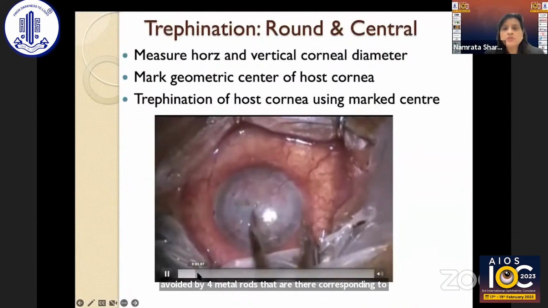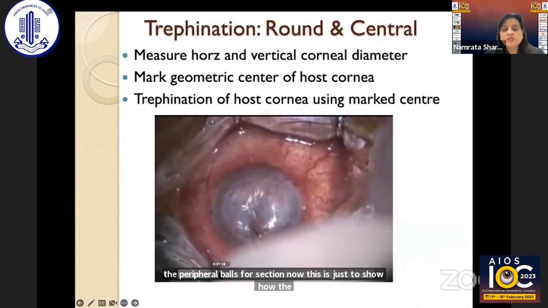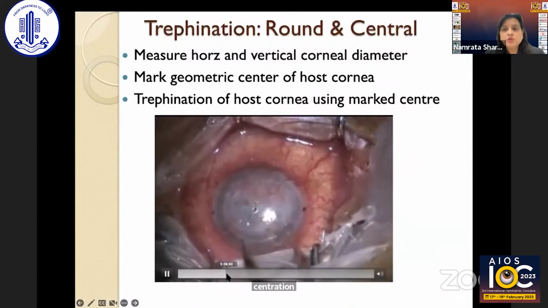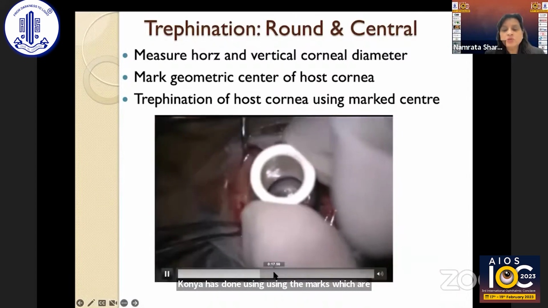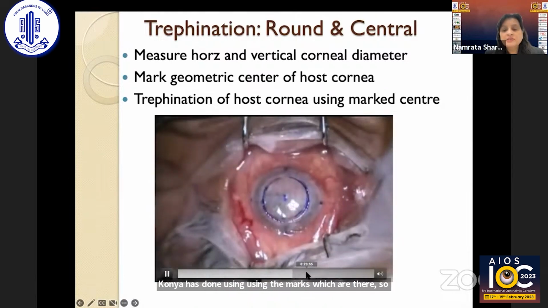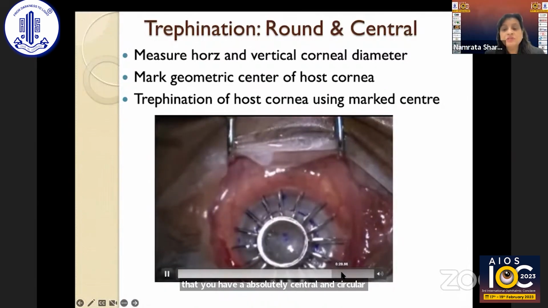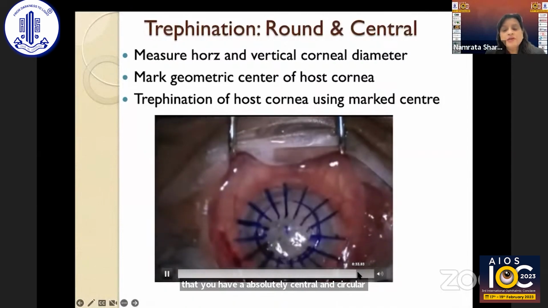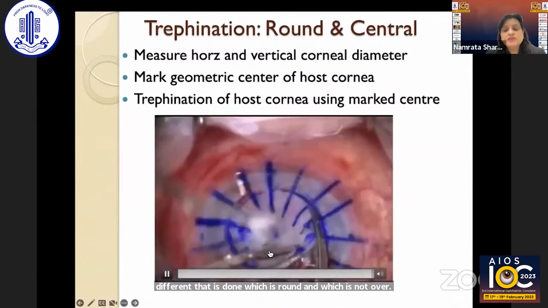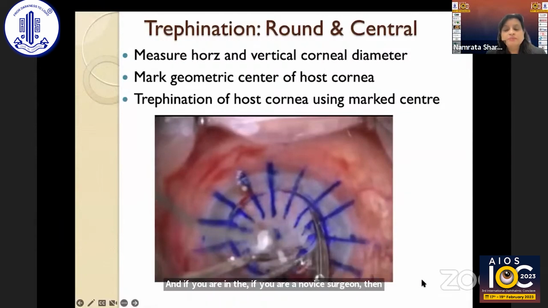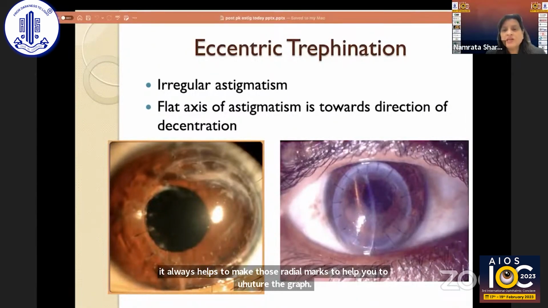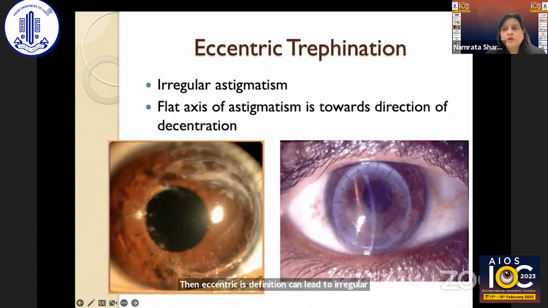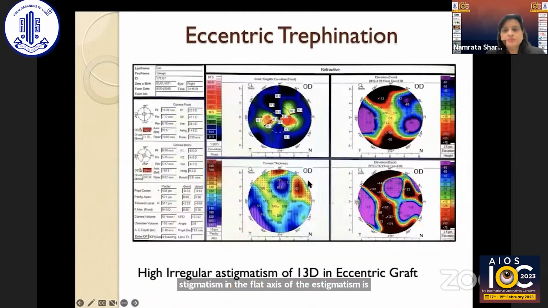Now, this is just to show how the center of the cornea is marked, and trephination of the host cornea is done using the marks, so that you have an absolutely central and circular trephination, which is round and not oval. If you are a novice surgeon, it always helps to make those radial marks to help you suture the graft. Eccentric trephination can lead to irregular astigmatism, and the flat axis of the astigmatism is towards the direction of the decentration.